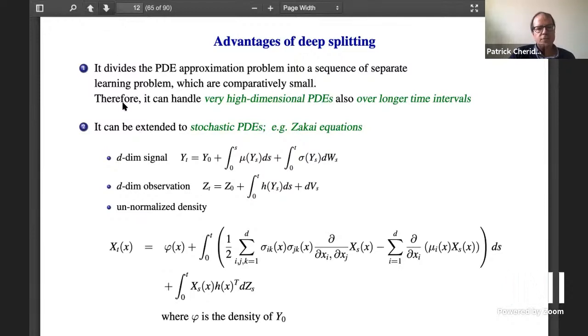And then in stochastic filtering, the goal is to recover the conditional distribution of y given the observation. And the unnormalized density is given by the Zakai equation, which in this example is given here. And so this is a stochastic PDE now. So the first term is a partial derivative, and here you have a noise term, which is the observation process.